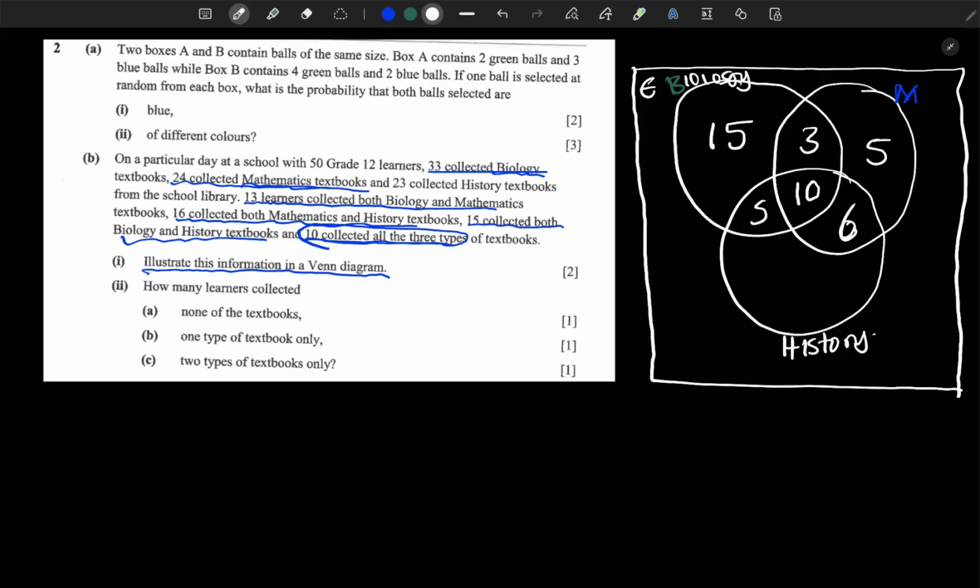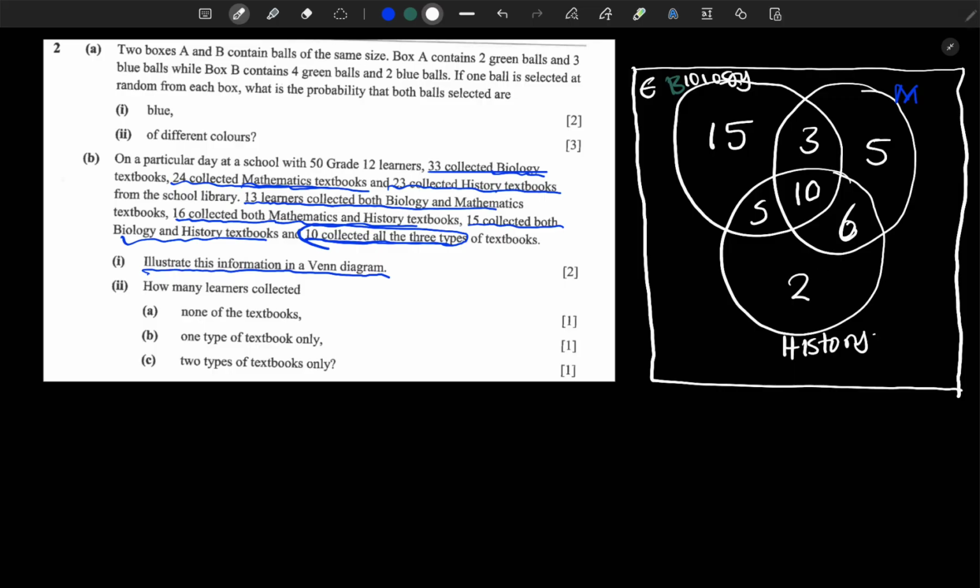Then we go to 23 collected history textbooks. From the history we have 10 plus 6 is 16, 16 plus 5, that is 21. Then 21 from 23 we get 2 to put here.